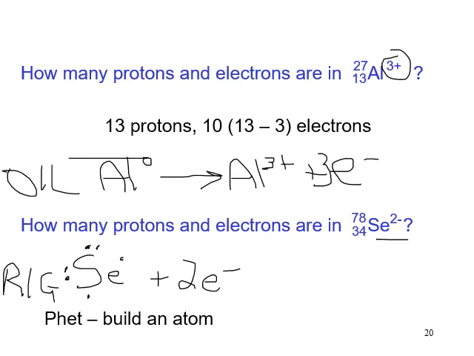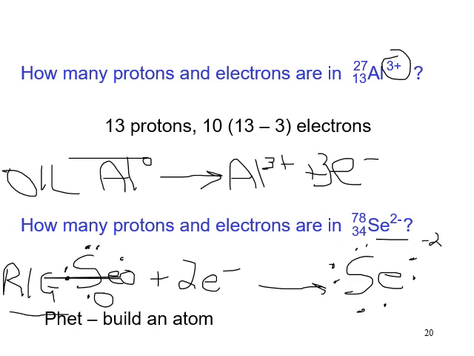So you'll notice there's 2 holes right here. Those holes could be filled by electrons from somebody else. And when it does that, it becomes Se, but now it has 8 valence electrons, and it has a -2 charge. So that's called reduction. And now if I was looking for protons and electrons, it has 34 protons, but it must have 36 electrons.